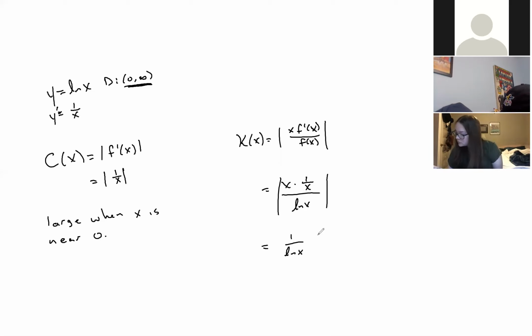And here again, natural log sometimes is positive, sometimes it's negative, so the absolute value does make a difference here. These condition numbers, by definition, always have to be positive, and so if you're missing the absolute values here, then the answer is wrong.